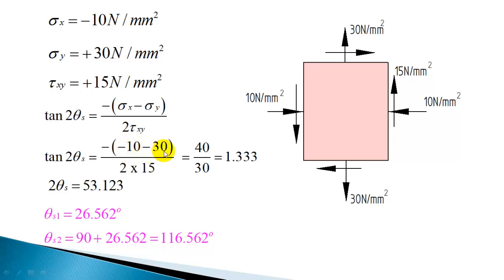So minus (minus 10 minus 30) divided by 2 into tau xy, which is 15. So it is minus 40 into minus, that is plus 40 divided by 30. You will get 1.333, and solving this you get 2 theta s as 53.123, or theta s1. Dividing this you will get the first plane of maximum shear stress as 26.562 degrees.